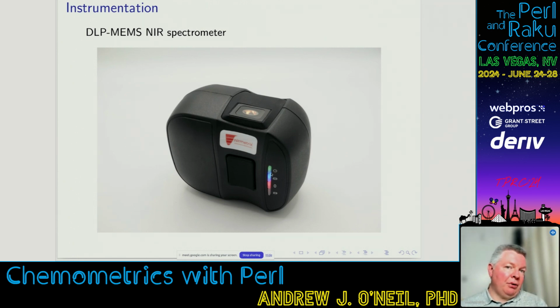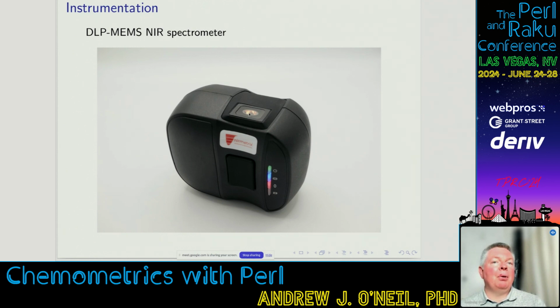You can see lights here that show you whether Bluetooth is active, etc. And we've got here a sapphire glass window. Sapphire glass is a very tough glass, and it's transparent to near infrared radiation, so it's quite a useful optical window.